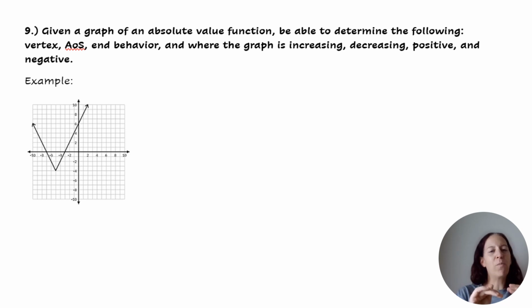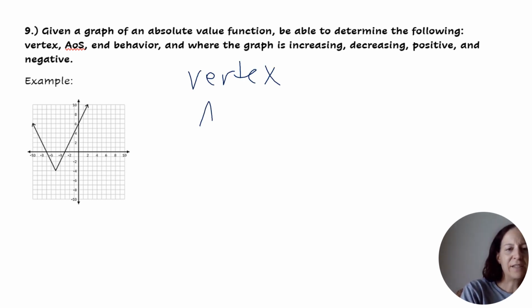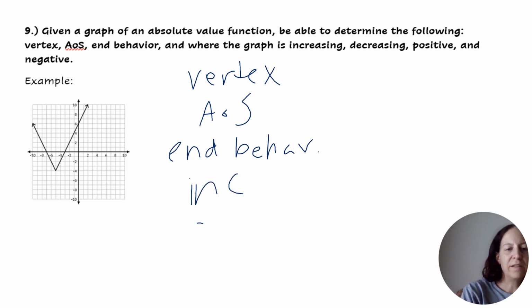There might be some where you have to highlight, but the big question on this is actually a matching question. And so you're going to be given the vocab: the word vertex, axis of symmetry, end behavior, increasing, decreasing, positive, and negative.